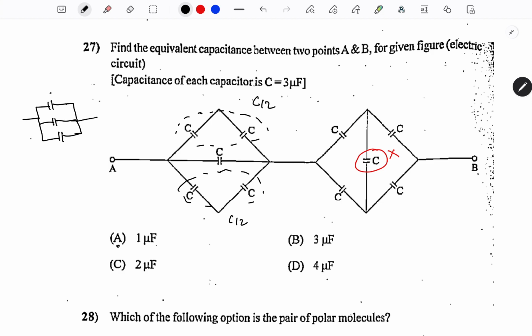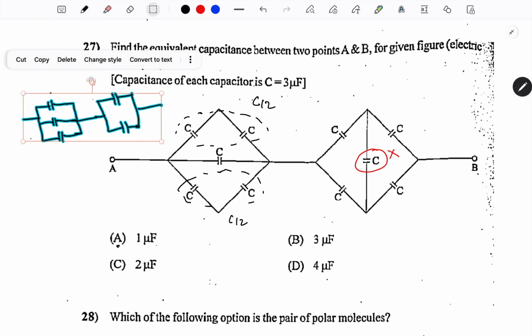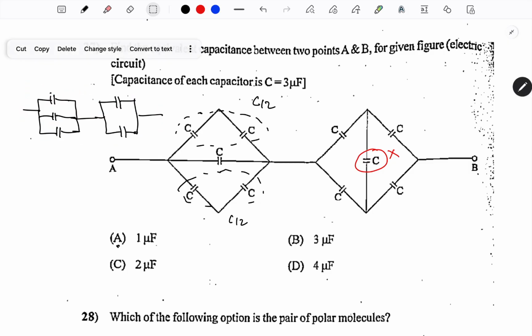Moving further, here two capacitors are in series, so it is also C by 2, C by 2. This one is C by 2, this is also C by 2, and this is C, and here C by 2 and C by 2. So this is in parallel and both of these are in parallel.